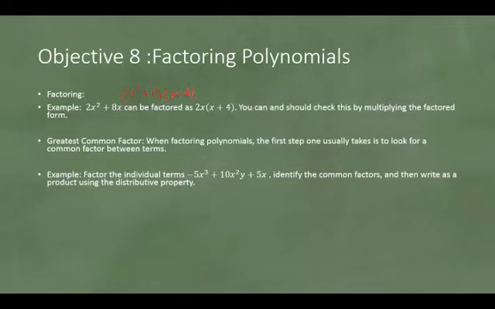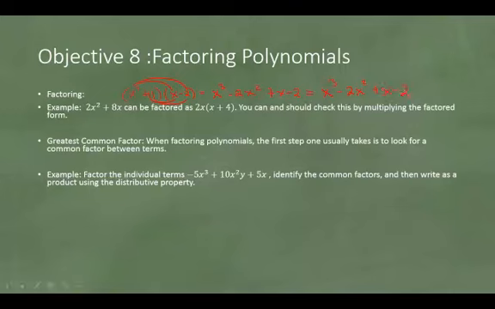You know how to multiply that out. X squared times x is x cubed. X squared times negative 2 is negative 2x squared. 1 times x is x. 1 times negative 2 is negative 2. And you know how to combine things. X cubed, negative 2x squared plus x. None of that combines.